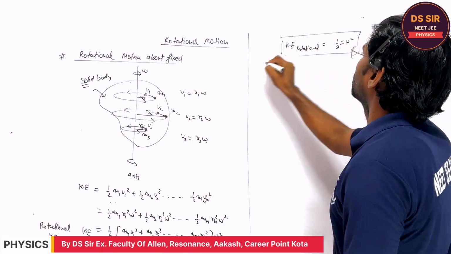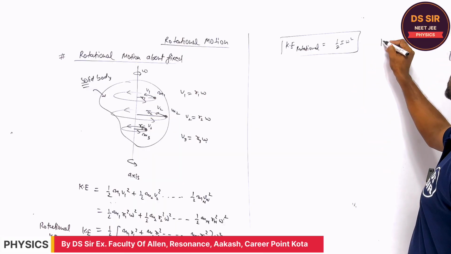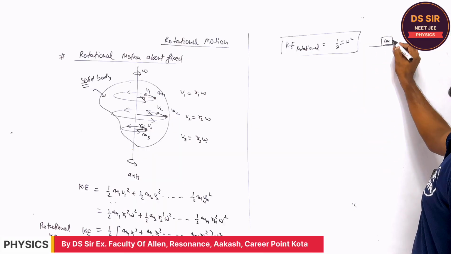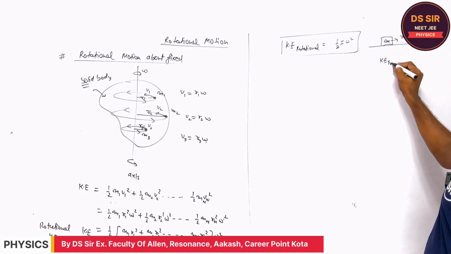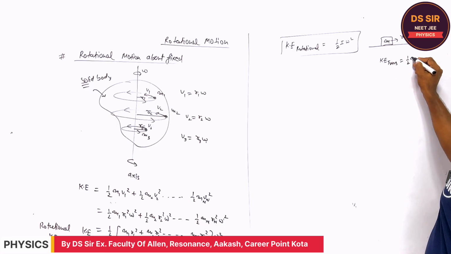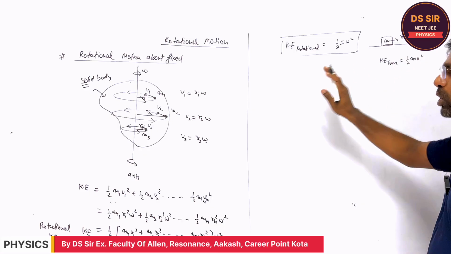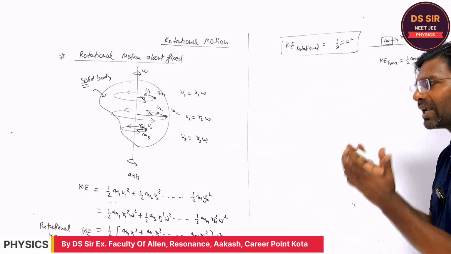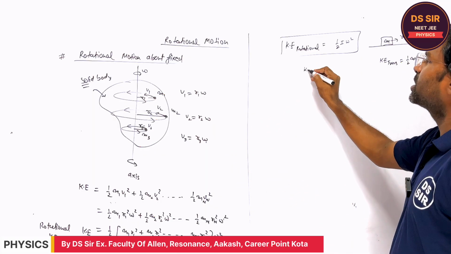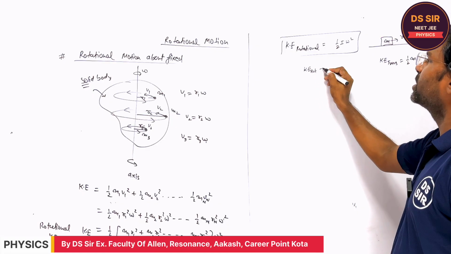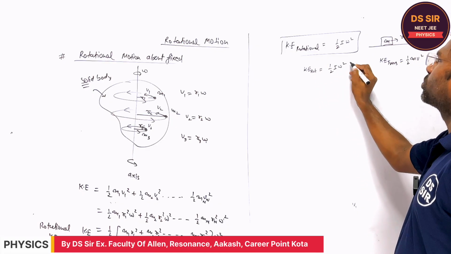Is it clear or not? In translational motion, if the mass m is moving with speed v, the translational kinetic energy is half m v square. Rotational motion is very similar to translational motion. In rotational motion, the kinetic energy is half I omega square.